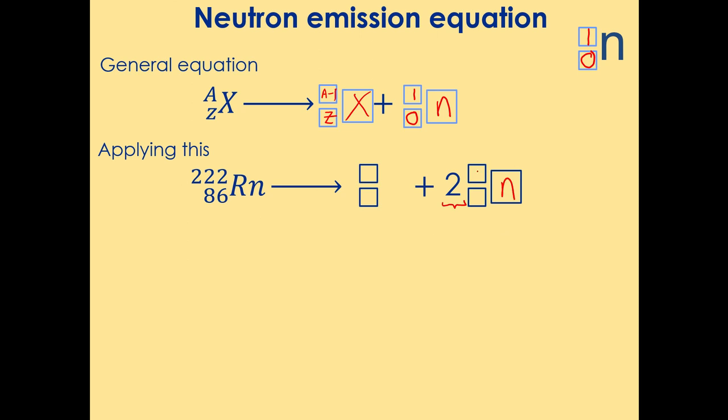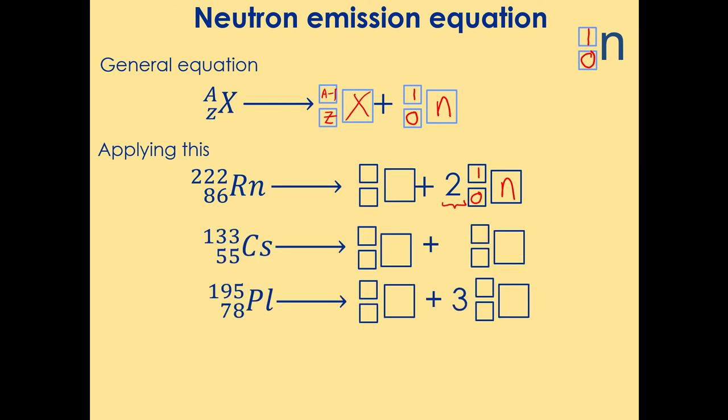If each neutron has a mass of 1 and a charge of 0, we've got to analyse what that will do to the rest of our numbers. First of all, let's look at the bottom number because that's easiest. If each neutron has an atomic number of 0, then collectively 2 of them will still have an atomic number of 0. So 0 plus 0 plus 86 equals 86.